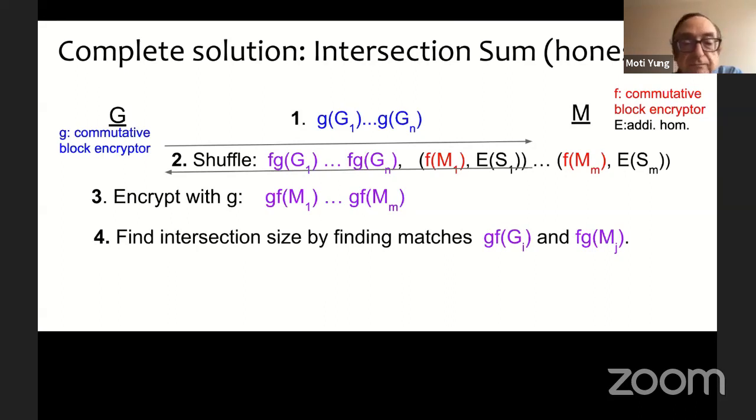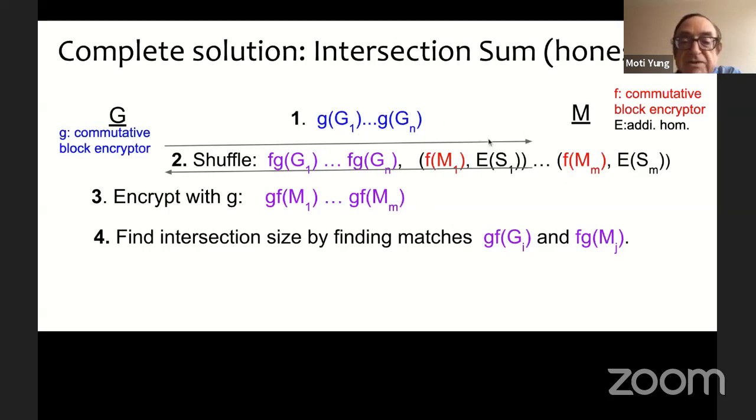So you see on the first flow, G has its list G1 to Gn. It encrypts it with its commutative encryption key and sends it to the other side, to M.